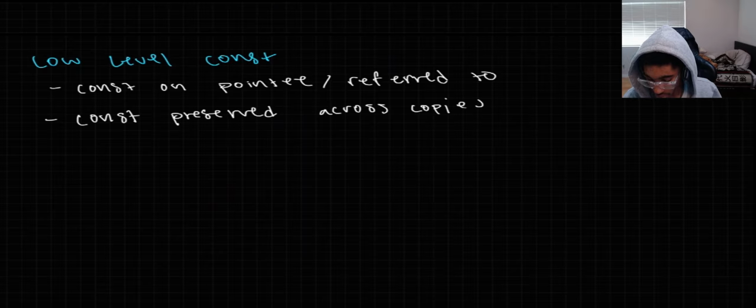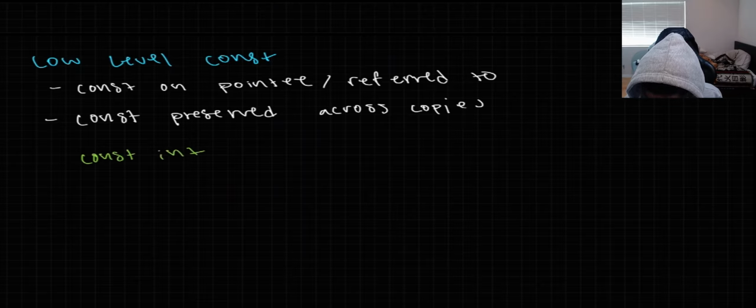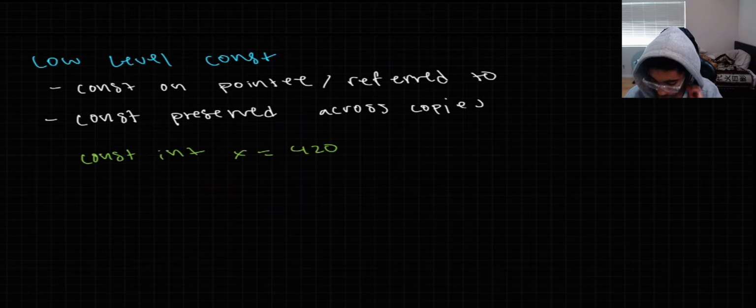And this is because a low level const, since it's on the pointee, let's say we were to do const int x equals 420. This is a top level const.